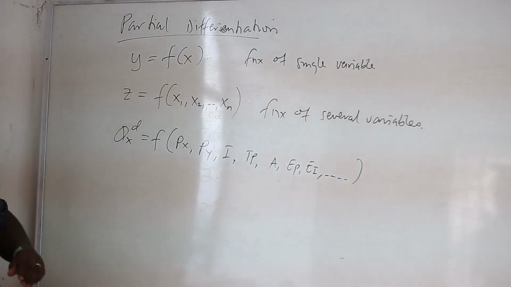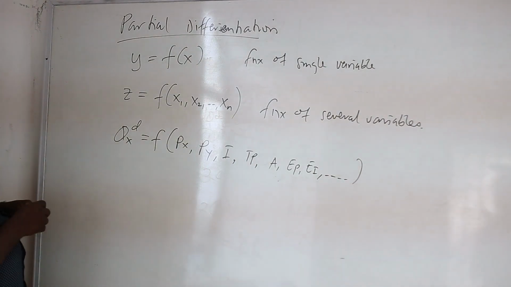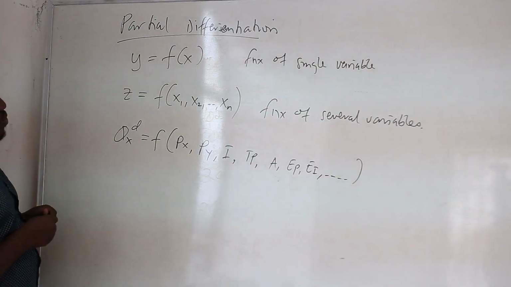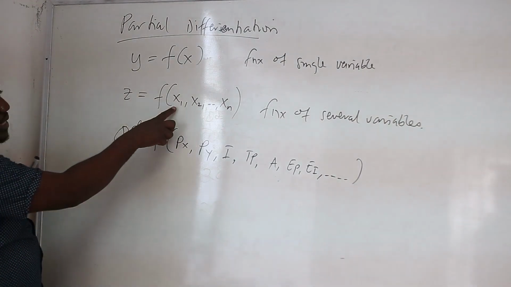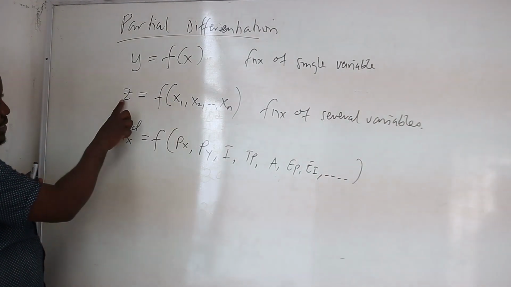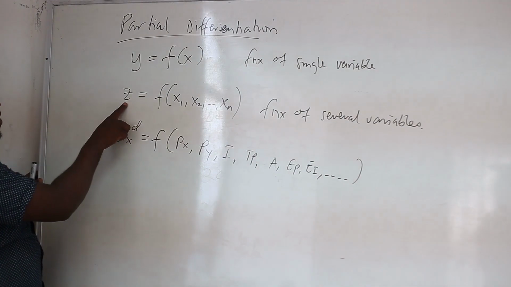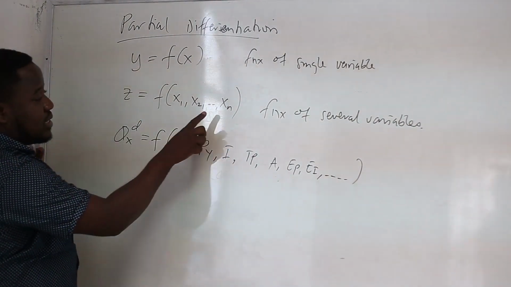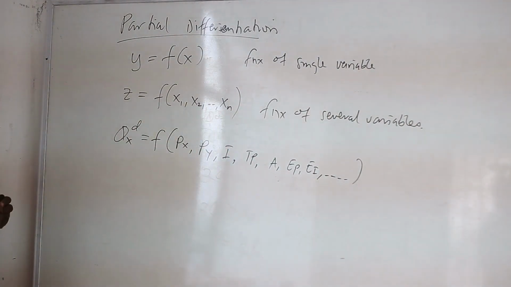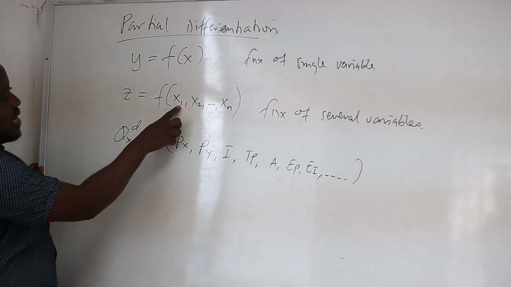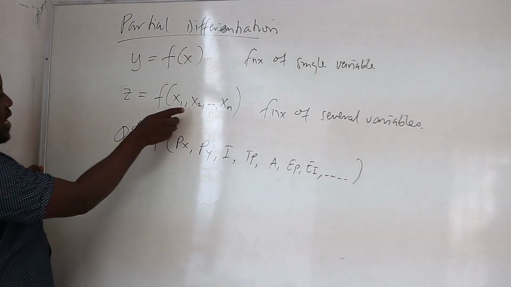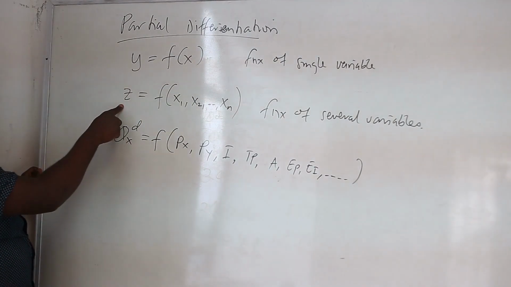When we have functions of several variables, we want to find out how changes in s1 affect y, holding all other things constant. What we cannot do is find changes in several variables together and find their combined effect on y.